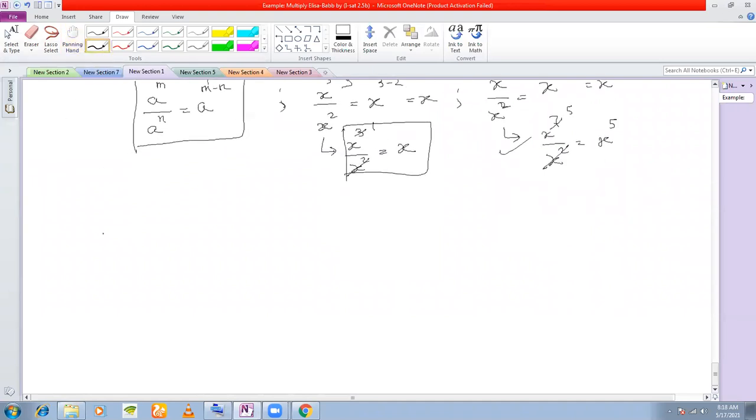First is division of a monomial by a monomial. How to divide two monomials. Okay. Let us take an example here.